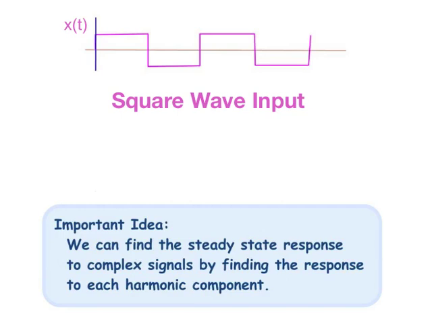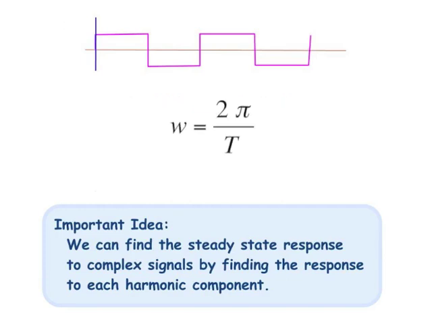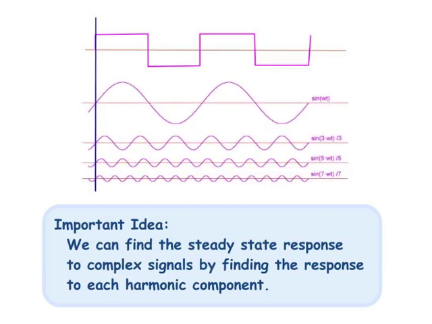For example, let's suppose we want to find the response of a linear time invariant system to a periodic square wave input x of t. We'll denote the fundamental period of the square wave as capital T and the fundamental frequency as 2 pi over capital T. The square wave can be decomposed into the sum of sinusoids at frequencies W, 3W, 5W, 7W, and so on.